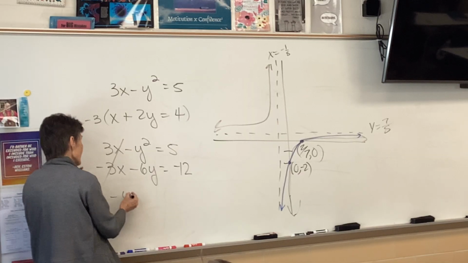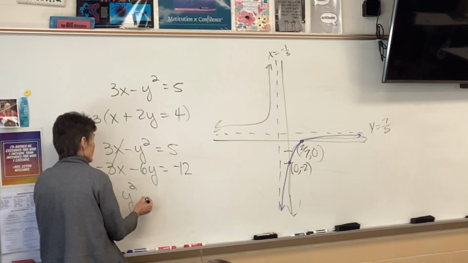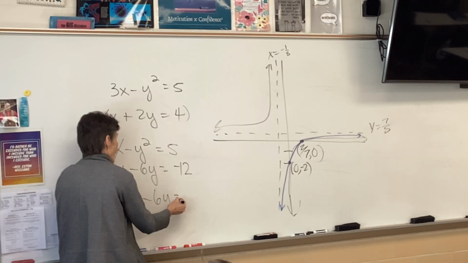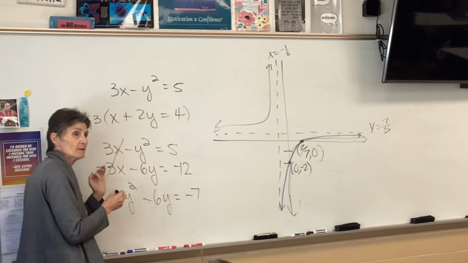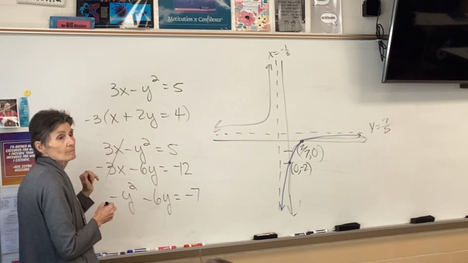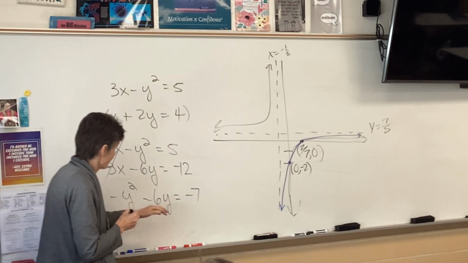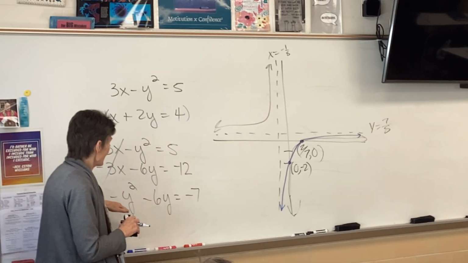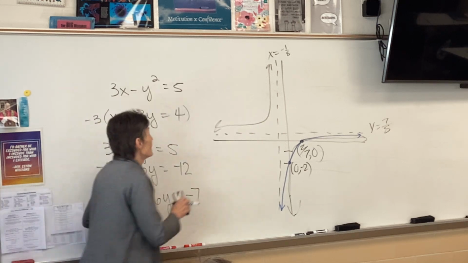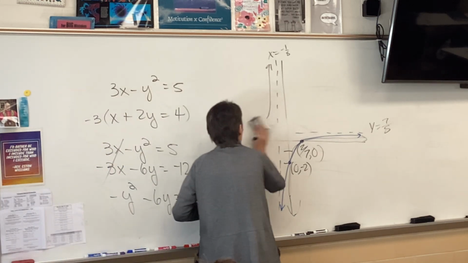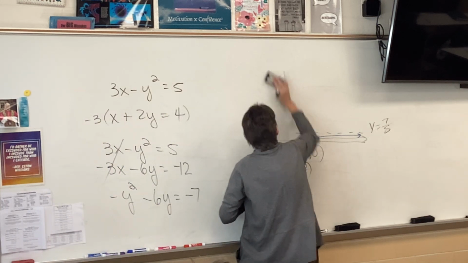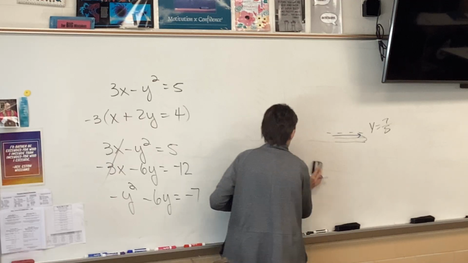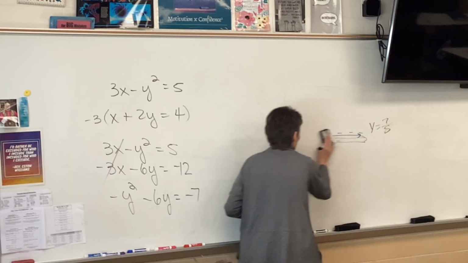So then you have -y squared minus 6y equals -7. That's what you should have. Okay, and that is a quadratic, which you have to set equal to 0.